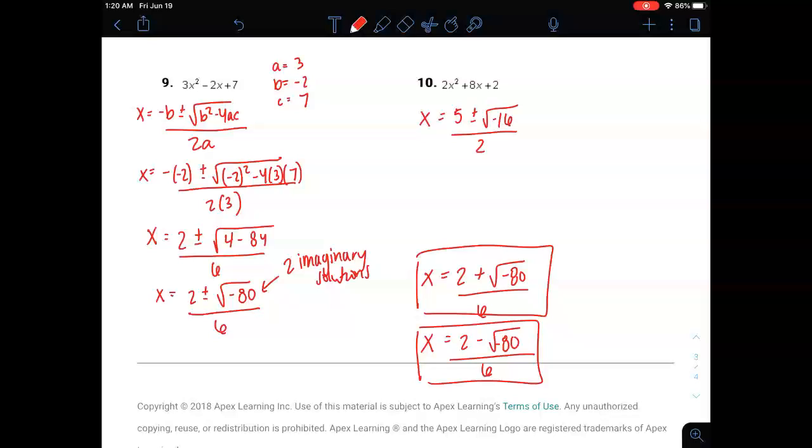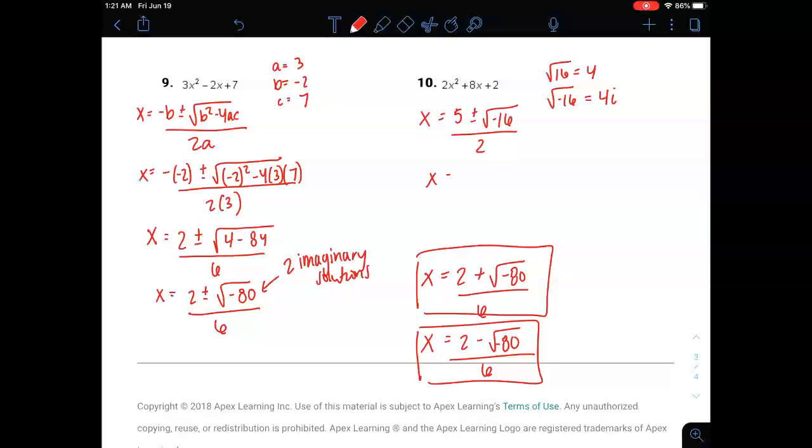Now, we can simplify the square root of negative 16 down, right? Because square root of 16 is equal to 4. But since we have a negative 16, this is where that imaginary number i comes in. So that is actually 4i.